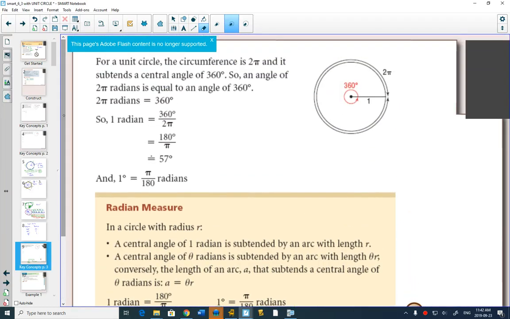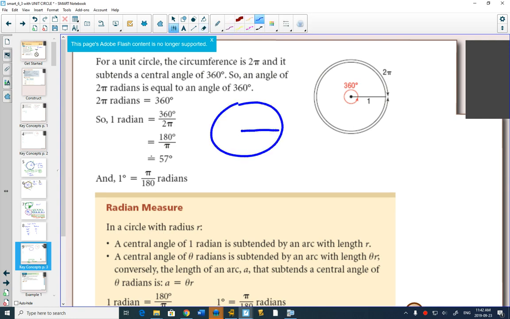So whenever, again, in the picture that we could draw here, if the arc length cut out by an angle is the same as the radius, that's 1 radian. And we already found out that that is a little bit less than 60 degrees, or 57.3 degrees.